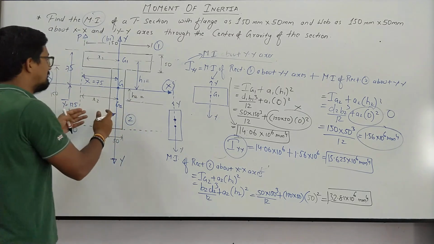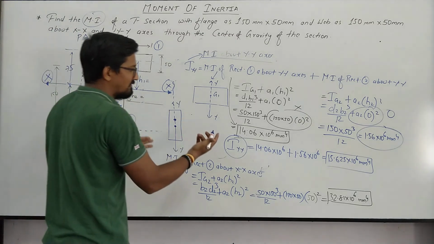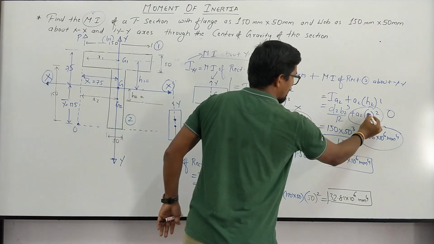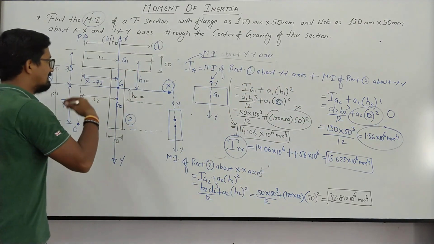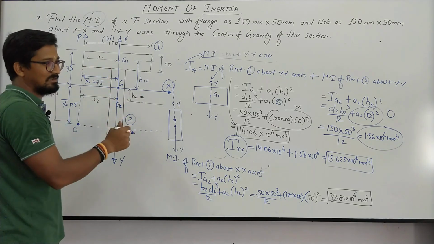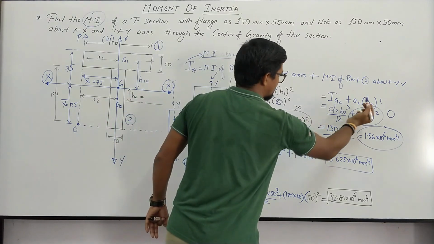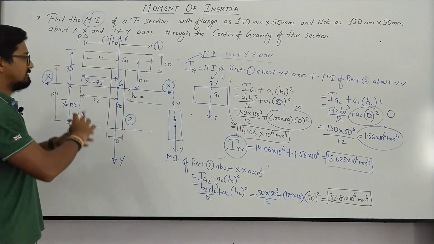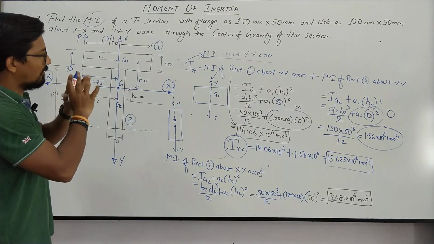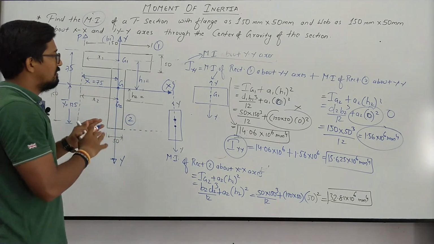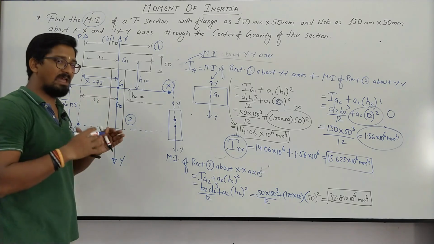This figure was symmetrical about the yy axis, that's why h was coming to be 0. But in my next video I will take such a problem, an L section or an angular section, where this h exists, correct. So the idea will be clearer to you in finding the moment of inertia of a T section or an angular section.